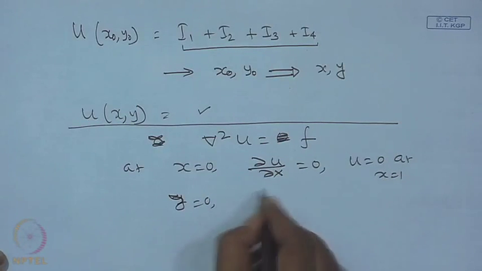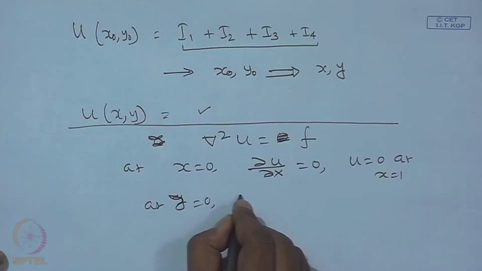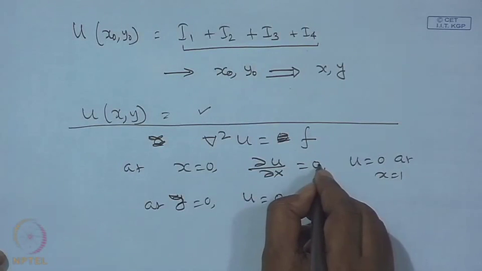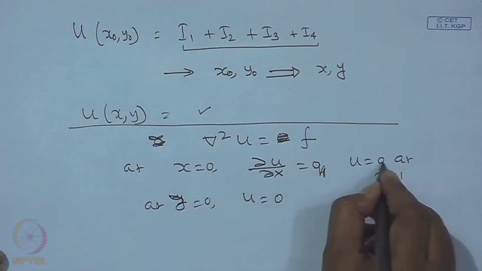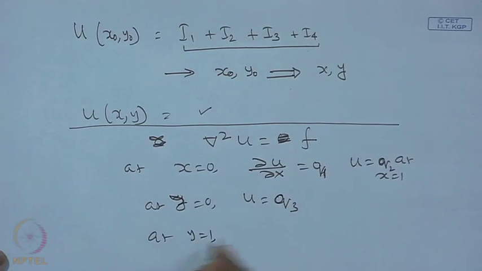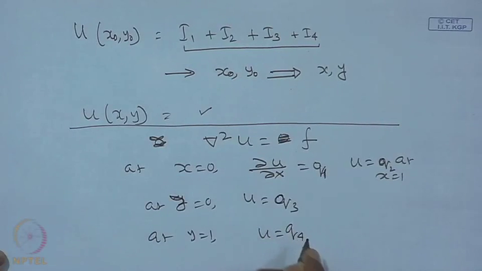At y is equal to 0, u is equal to, let us say, q 1, and this is, let us say, q 2, this is q 3, and at y is equal to 1 you have u is equal to q 4.